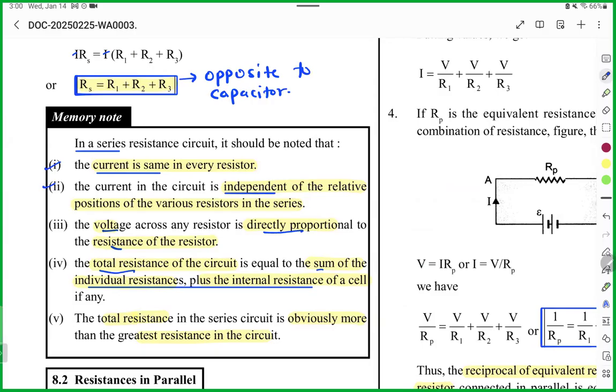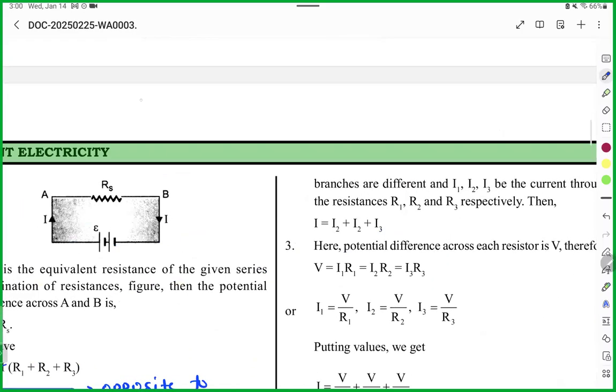It means it doesn't matter where you keep the resistor. If you have a given value of resistance, then current will be according to the overall value. It does not depend upon the position. Understood, guys?